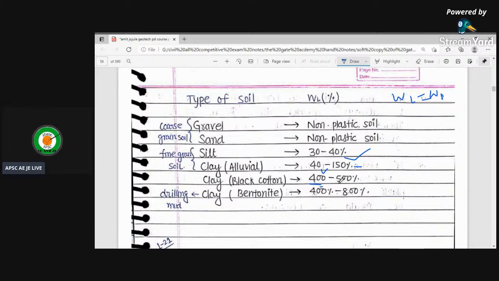Sometimes questions may ask which particular soil has large liquid limits. Then you can answer black cotton or bentonite soil, because in black cotton and bentonite soil there is a mineral present, that is montmorillonite. So this mineral has a high swelling or shrinkage capacity.